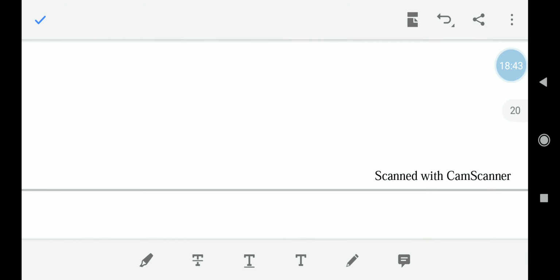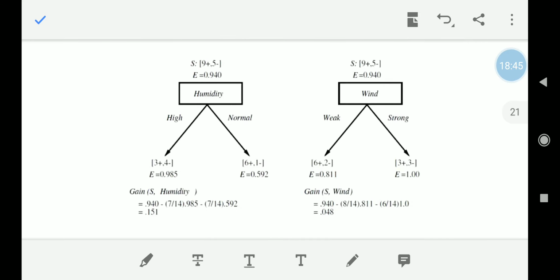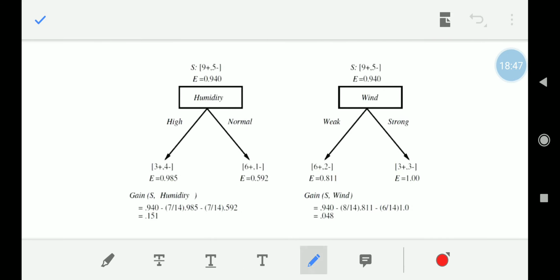Once you do that, you can see here, this is the whole entropy, or entropy for all, 0.940. The entropy for humidity high is 0.985. Entropy for humidity normal is 0.592.